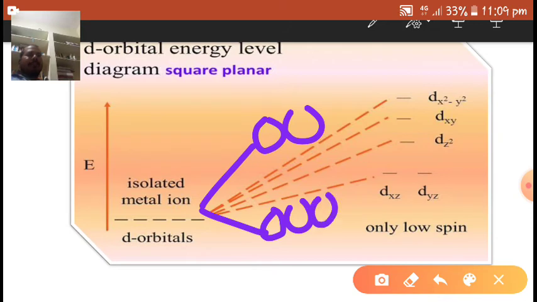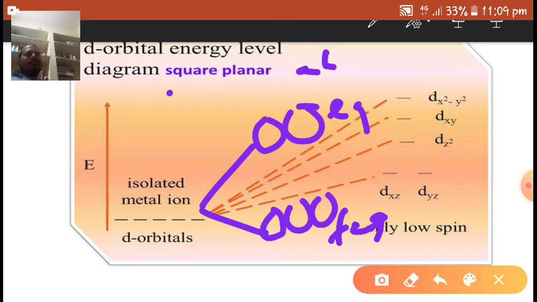They split into two types, Eg and T2g. Why is the energy of Eg orbitals increased? Because Eg orbitals lie along the axis. In square planar complexes also, ligands approach the metal ion along the axis. So Eg orbitals energy is increased.